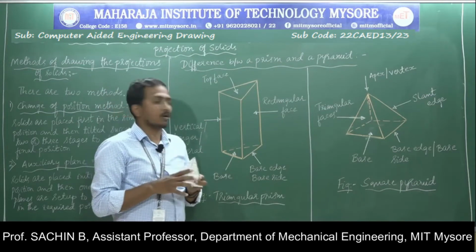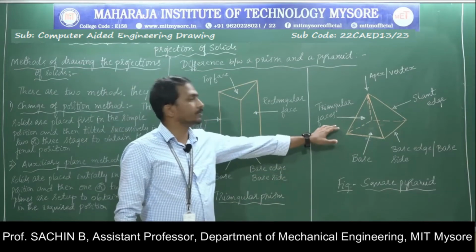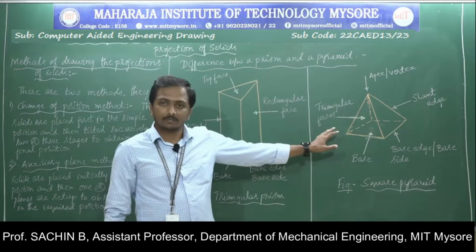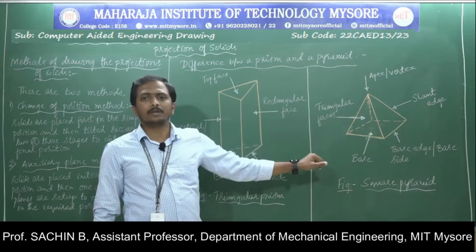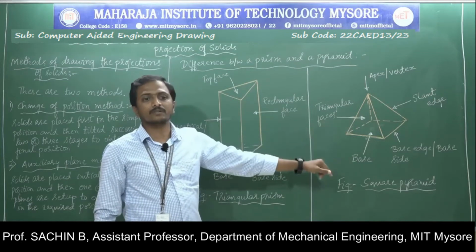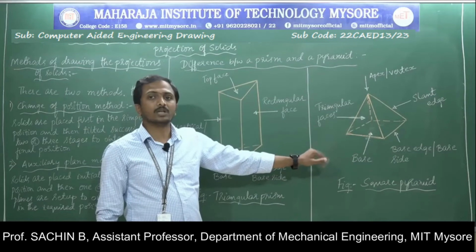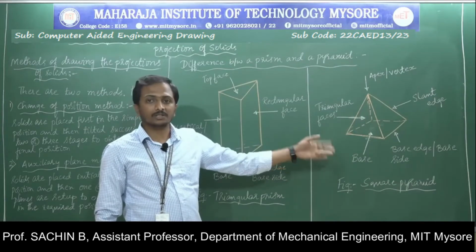That is nothing but the corner. This is the major difference, and these things are necessarily required. When it comes to pyramid problems, they will clearly ask questions like: it is resting on one of its slant triangular faces, it is resting on a slant edge, it is resting on an edge, it is resting on a corner.